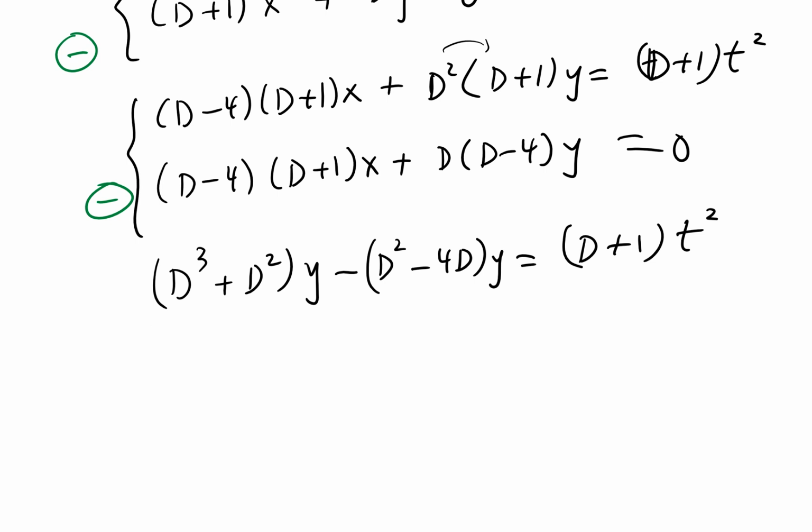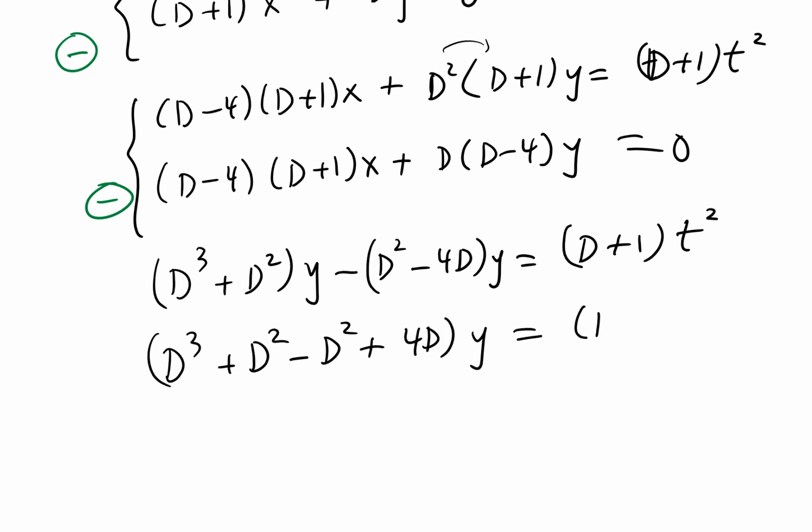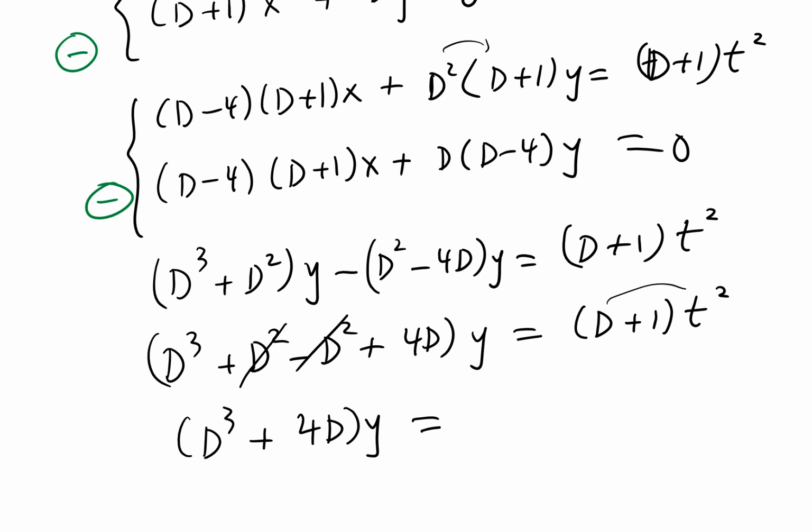And so here what we get is D³ + D² - D² + 4D, all this y equals (D + 1)t². Okay, so these cancel each other. So what do we get? (D³ + 4D)y equals, the derivative of t² is 2t and 1 times t² is t², so t² + 2t.